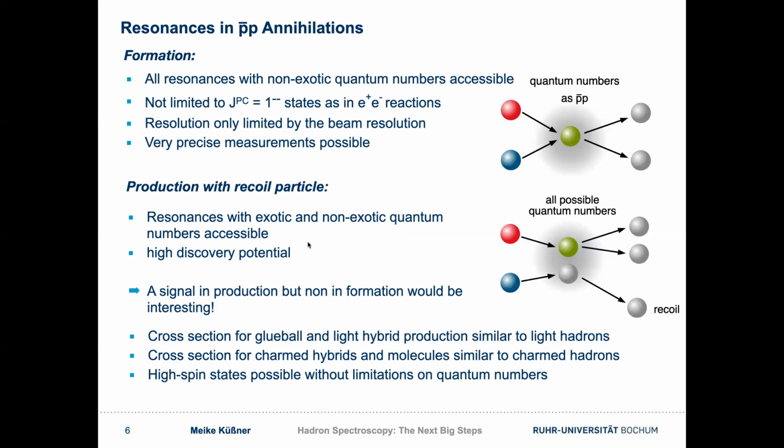Another advantage with antiproton-protons is that you have very high cross sections for gluonic and light hybrid production, since this is a very gluon-rich environment, and also for charmed hybrids and molecules, which are similar to the ordinary hadrons. And also high spin states will be accessible without any limitations, basically, on the quantum numbers.